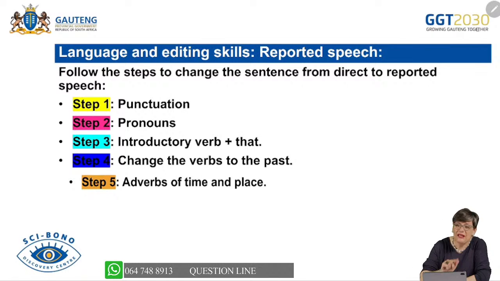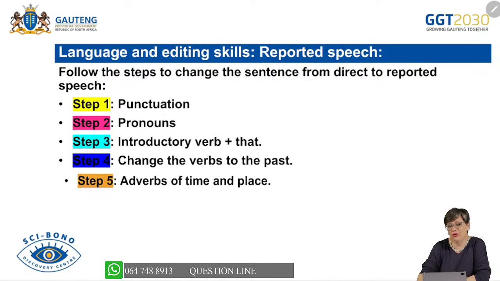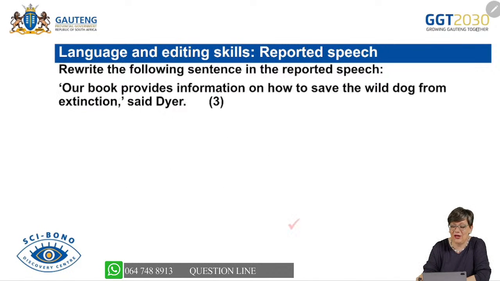If you can do these 5 steps, step by step, I promise you, you'll be able to do reported speech. Now, I know we're going to go quite fast here, but when you're watching the video or re-watching the video, you will be able to stop, pause, and go through it slowly.